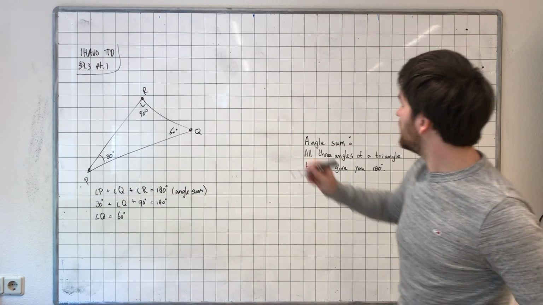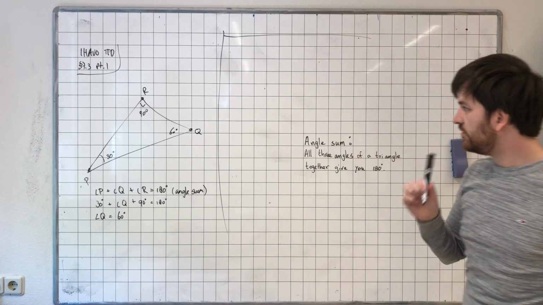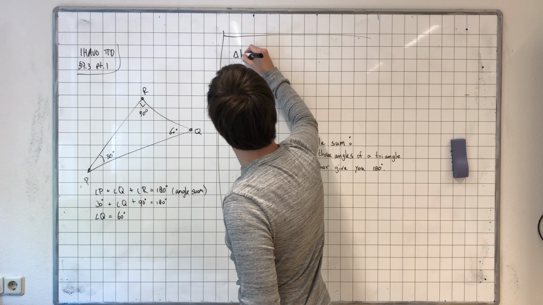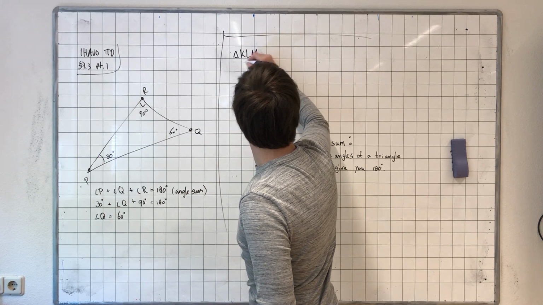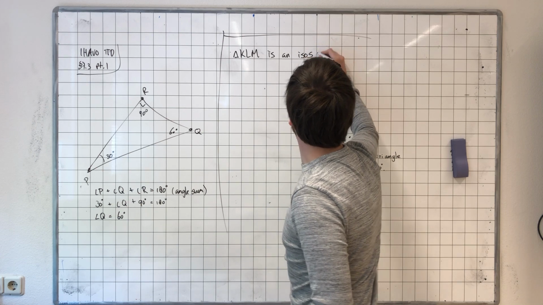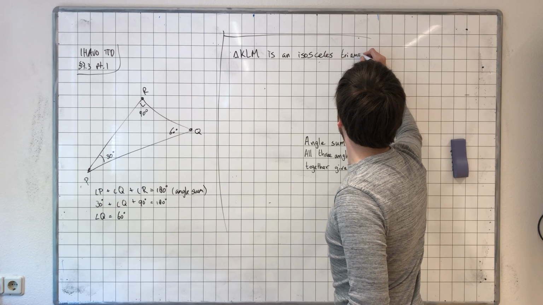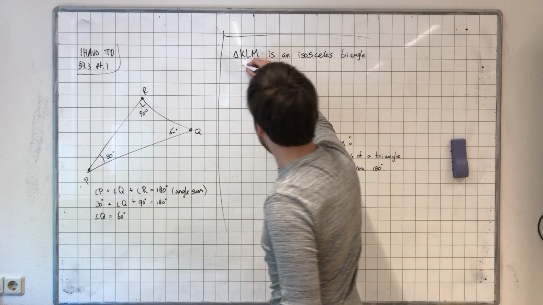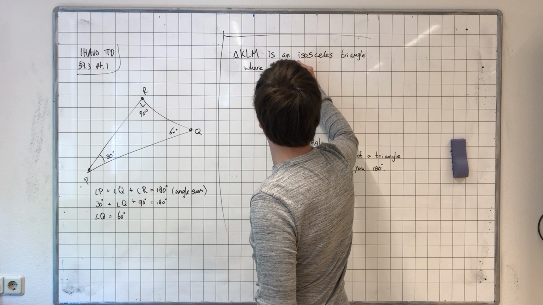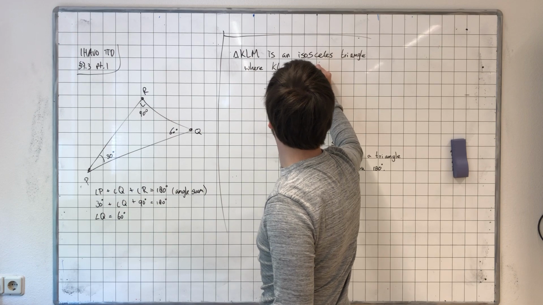Let's use this one last example, and I'm going to give you the following information. We're going to look at triangle KLM, and KLM is an isosceles triangle where KL is equal to LM.